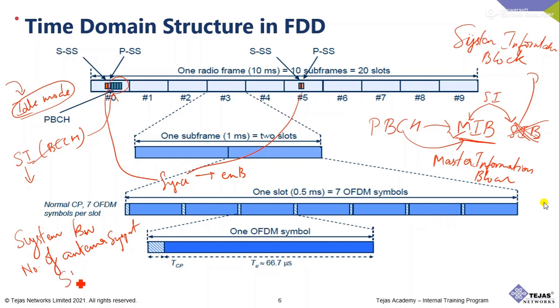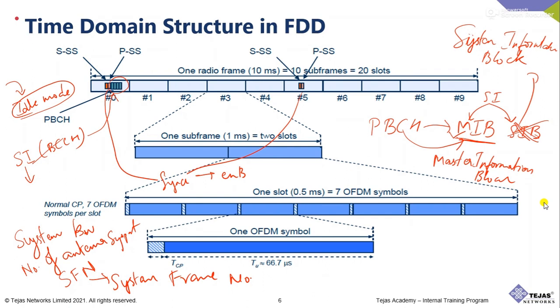The third thing is the system frame number. It is not the subframe number; this is called the system frame number. All this information is part of MIB.